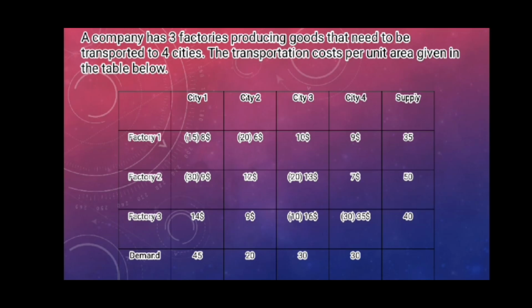We first find an initial basic feasible solution, then calculate the dual variables and opportunity cost to check for optimality. If the solution is not optimal, we iterate to improve it. The MODI method helps us find the optimal transportation plan, which in this case would tell us how many units to transport from each factory to each city to minimize cost.